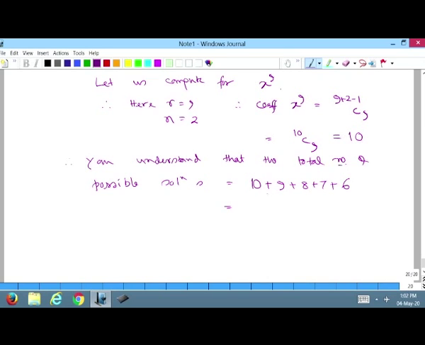This is 19 plus 8, 27 plus 7, 34 plus 6, that is 40. Therefore, the number of possible solutions is 40.